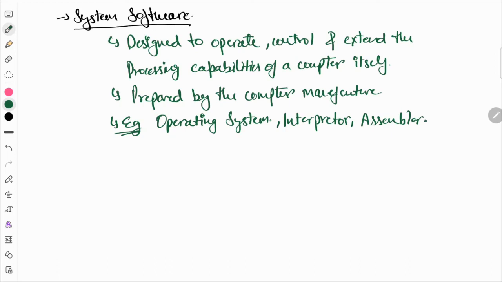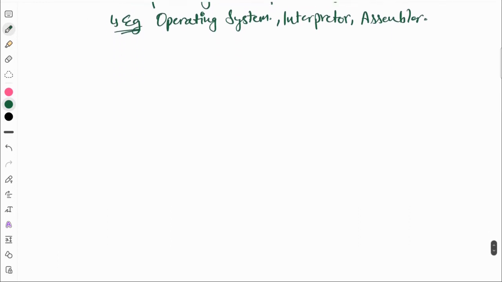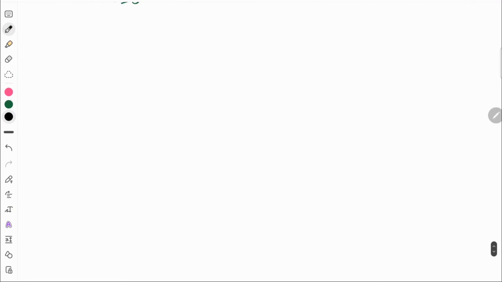Here is the list of some of the most prominent features of system software.